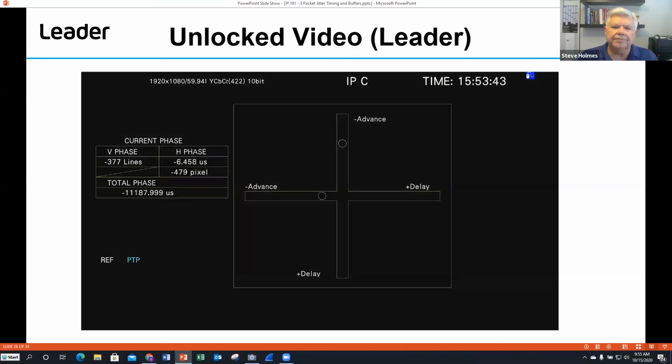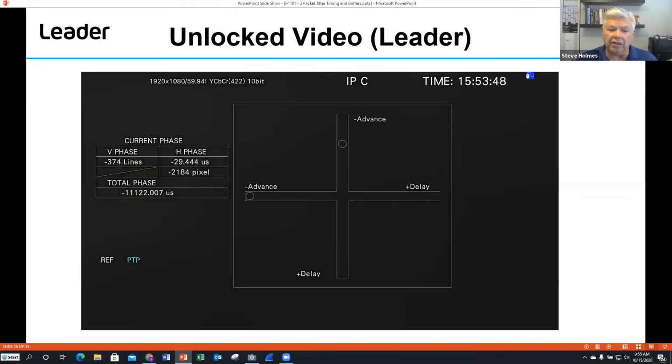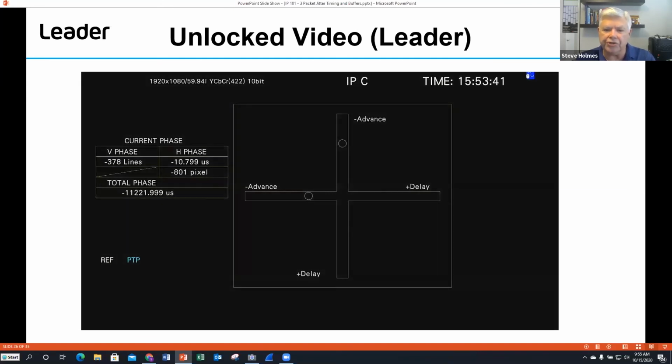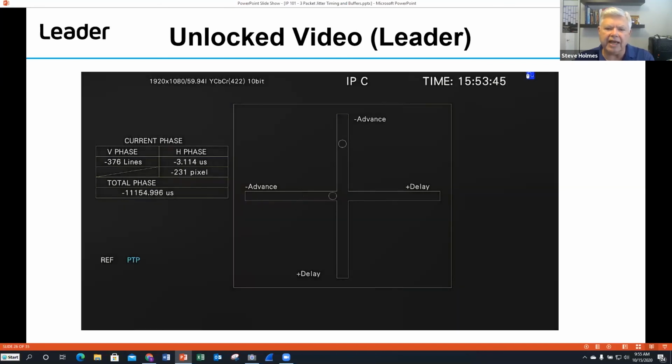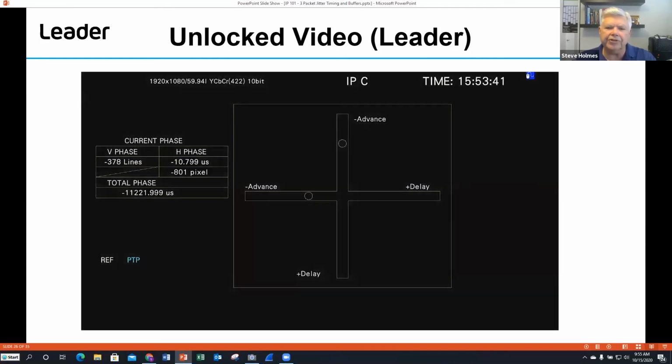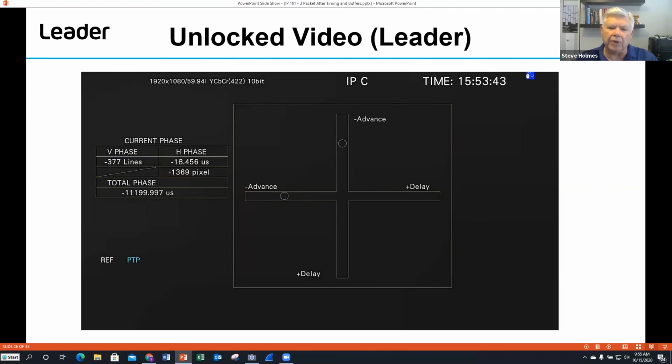Here is what unlocked video would look like. So now my reference is PTP to RTP. And what's happening is the RTP timestamps, because they mark the beginning of a frame, and since the frame is moving around, those RTP timestamps are moving around.